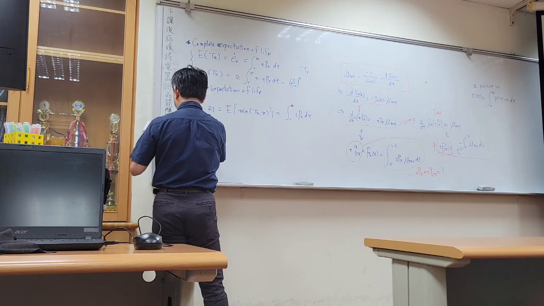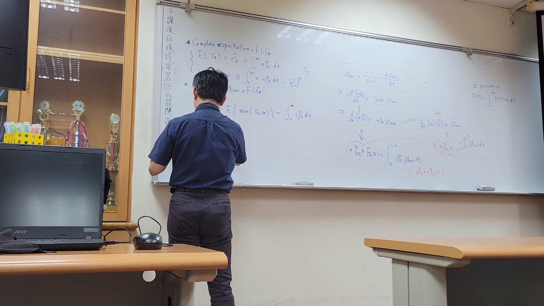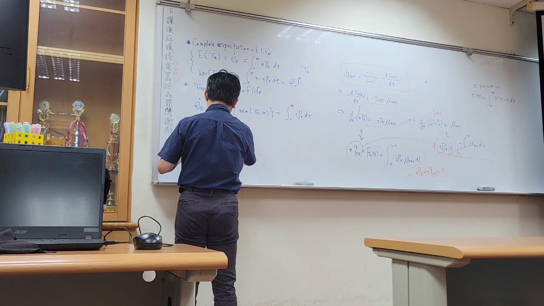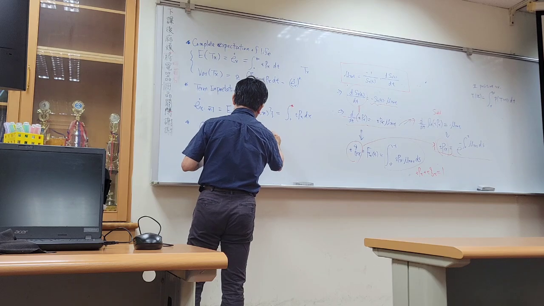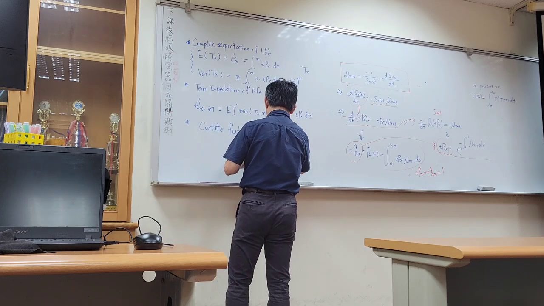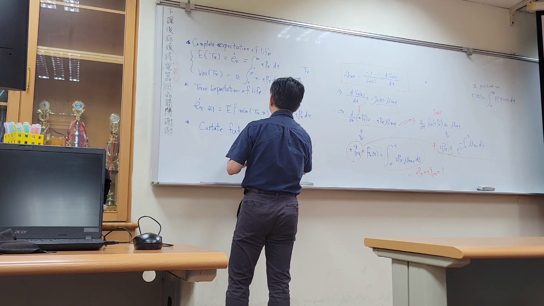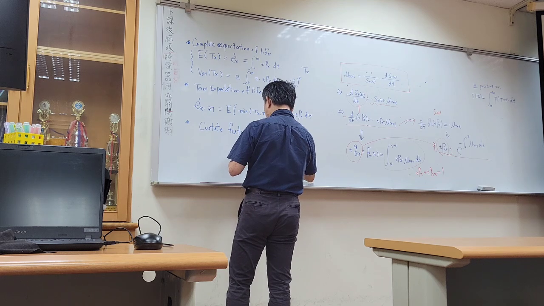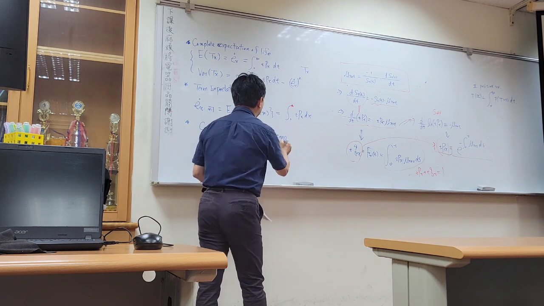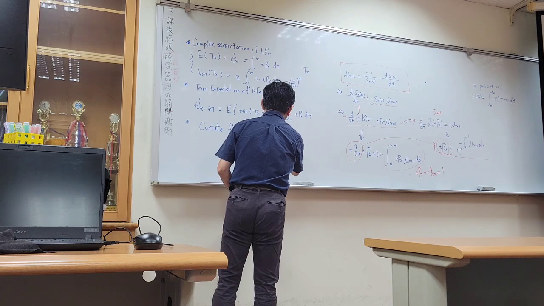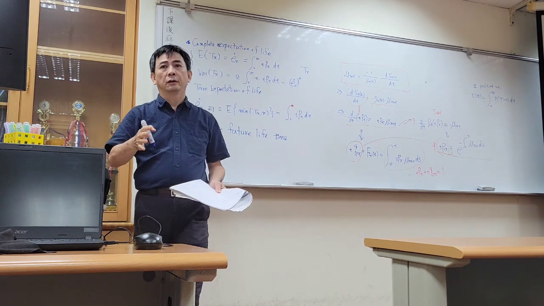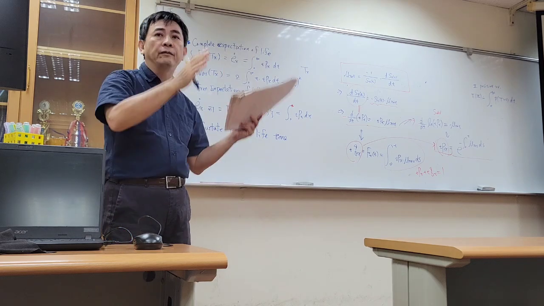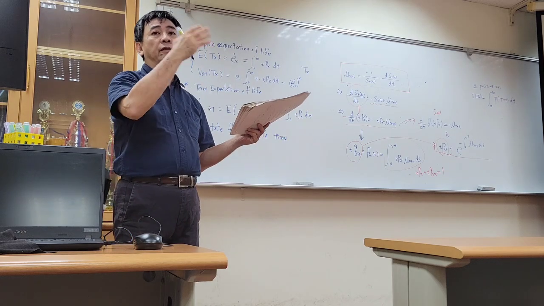Then the other one will be the curtate future lifetime. Because for insurance we won't just report the exact lifetime of an individual.